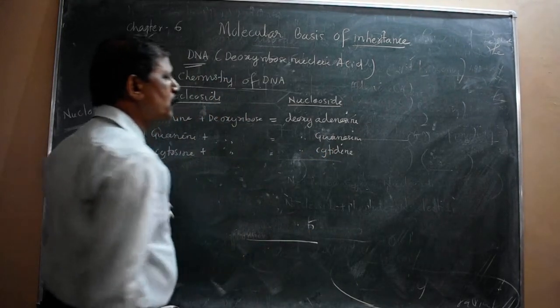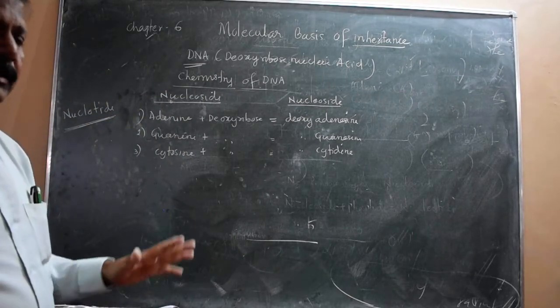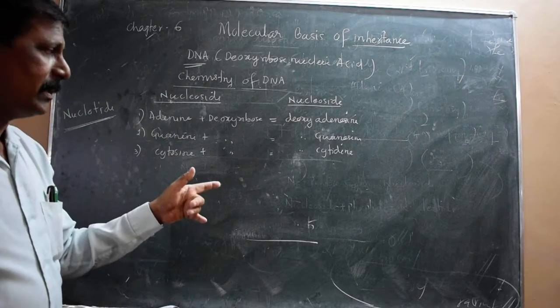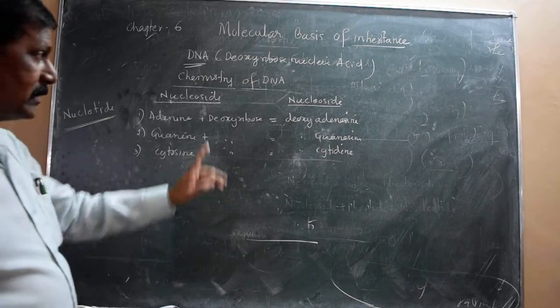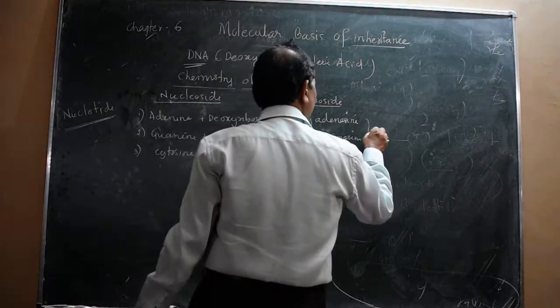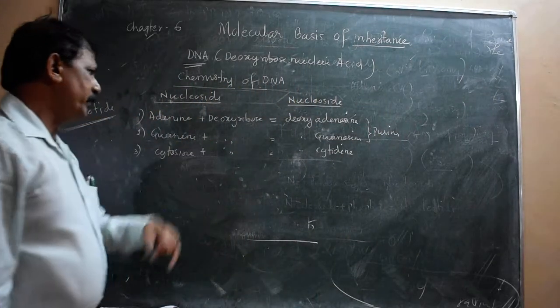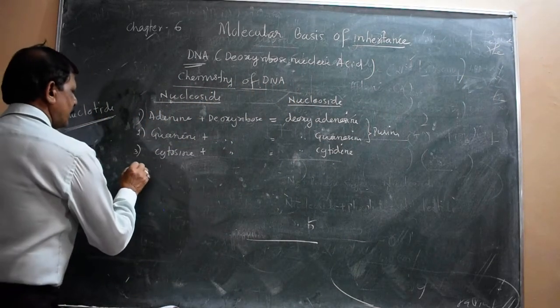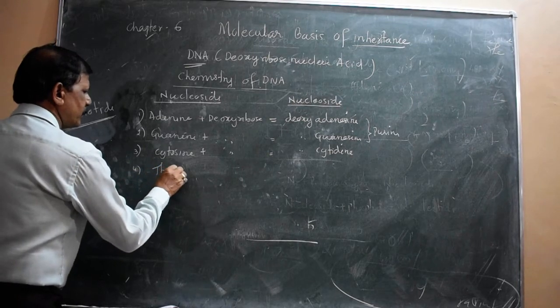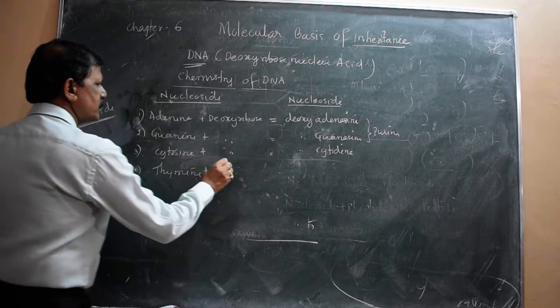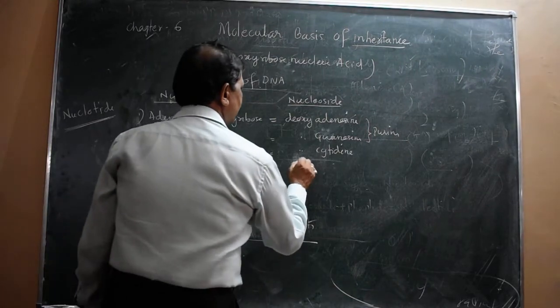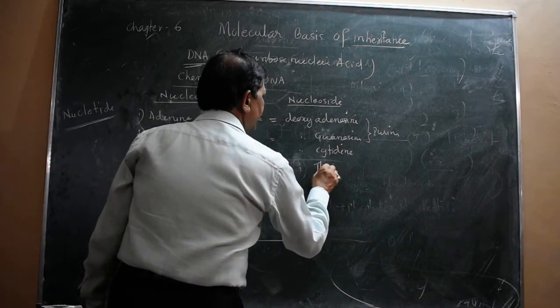You cannot write deoxycytosine, it is cytidine, remember, because it is a pyrimidine base. These two are the purine bases, and next is the pyrimidine base, cytidine, and then the last one is thymine plus deoxyribose, and that is deoxythymidine.